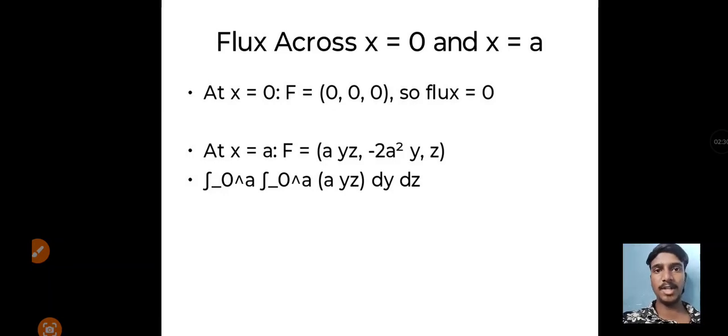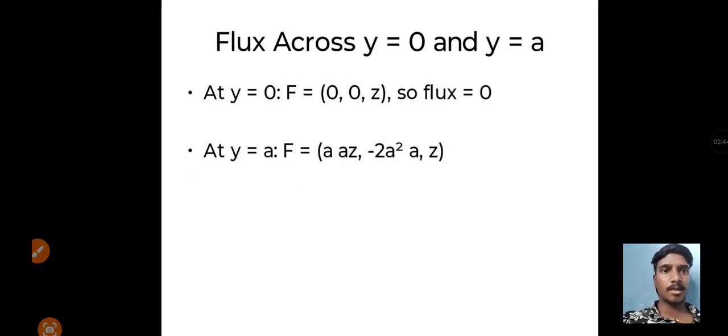At x = a, F = (a yz, minus 2a square y, z). Integrate 0 to a of yz dy dz. Flux across y = 0 and y = a: at y = 0, F = (0, 0, z), so flux is 0. At y = a, F = (a z, minus 2a square a, z).